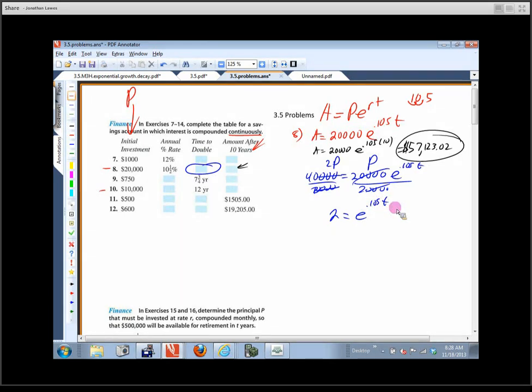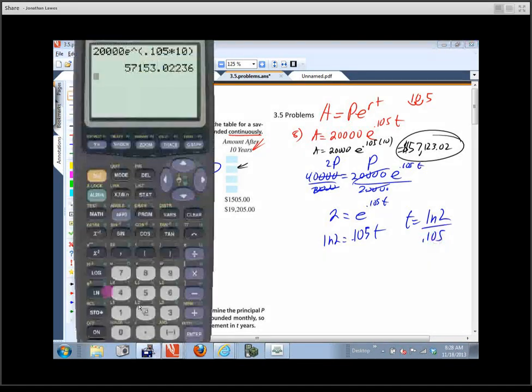And then how do I get the t down where I can work with it? ln. So we'll do the ln of 2 equals 0.105 t, and then I just divide. So t equals ln of 2 divided by 0.105. Grab the calculator and type that in. Make sure you can type these into your calculator and get the right answer.